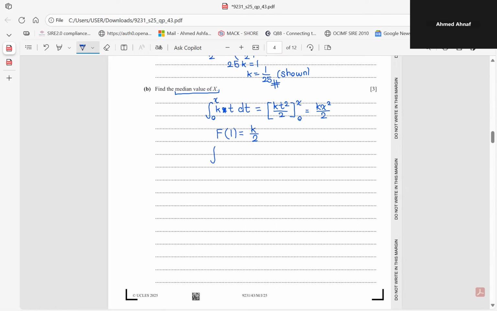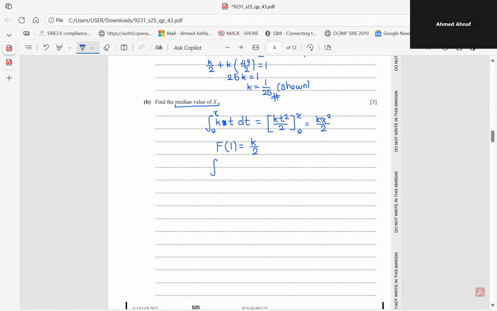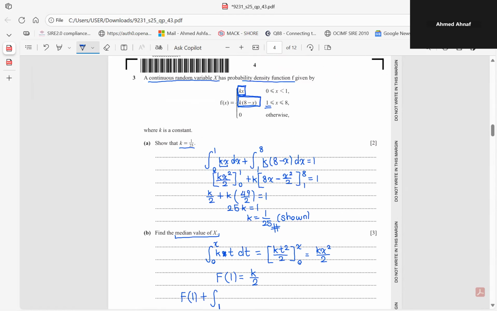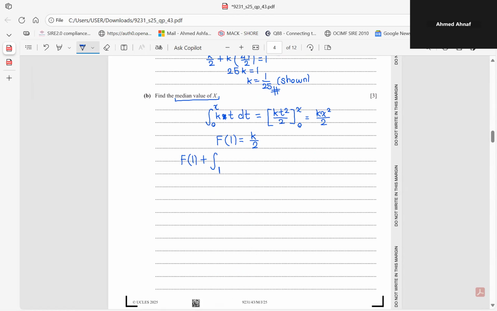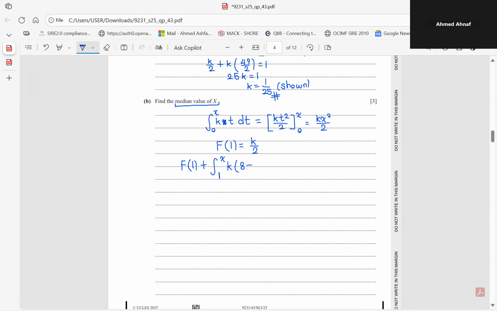Now, to find the second piecewise function, you just add F1 plus the integral from 1, because the lower limit is 1, all the way to x of k times (8 minus t). The reason is just like the previous part. Let's evaluate this.